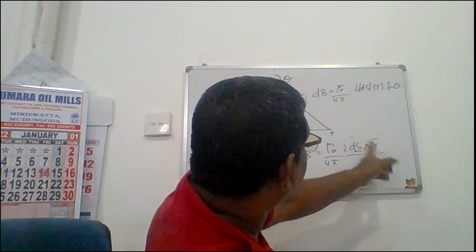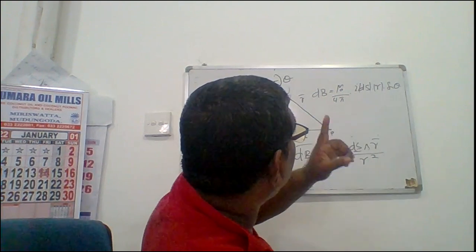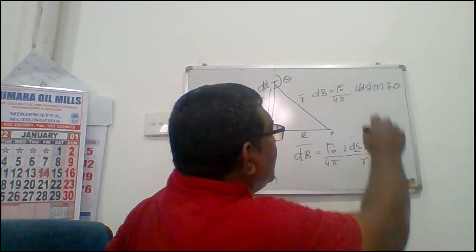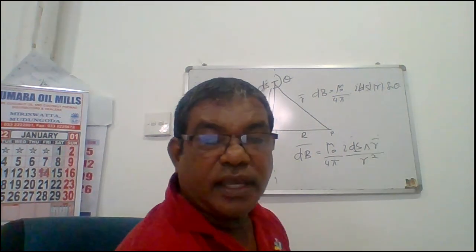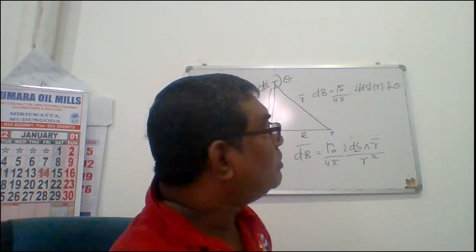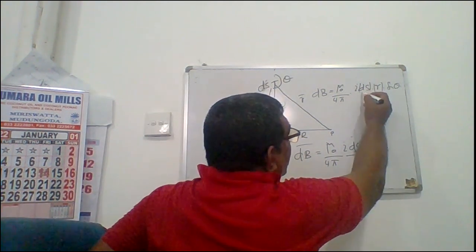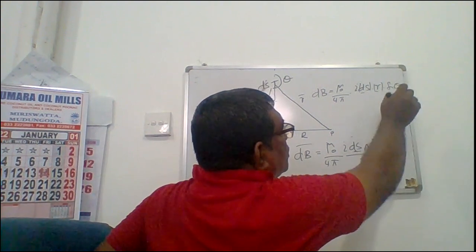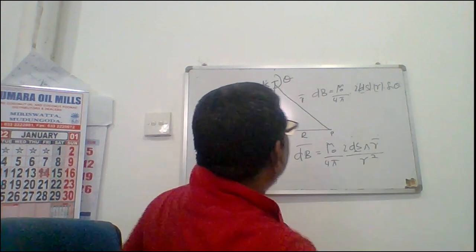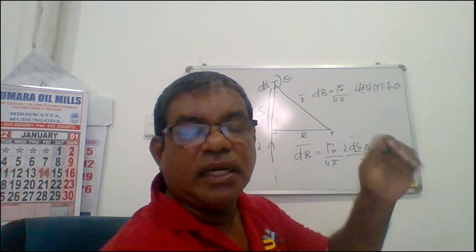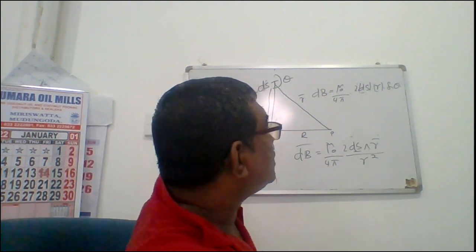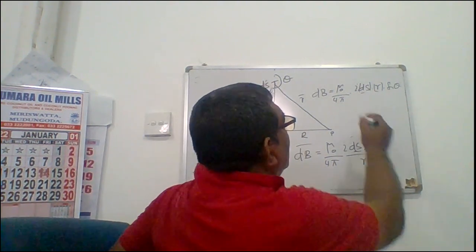When we take that cross product, there should be a perpendicular vector, which we can take as i, j, k. Then when you take the modulus of the unit vector, it will become 1. So modulus of ds, modulus of r, and the angle between r and ds, that is sine theta, right?